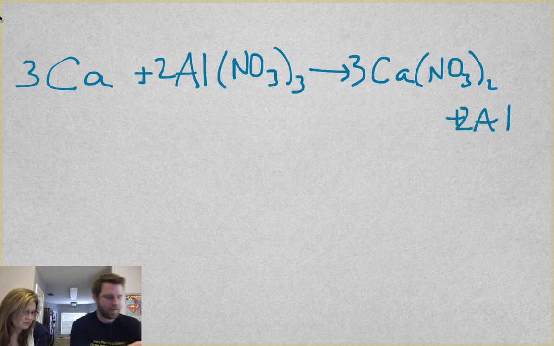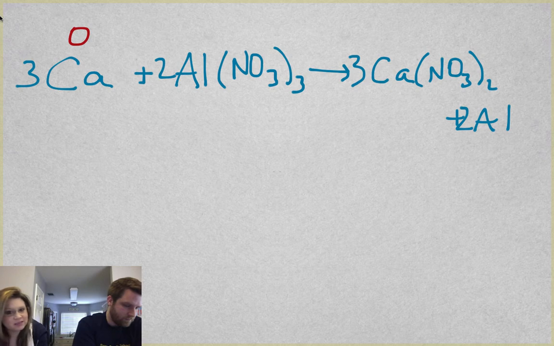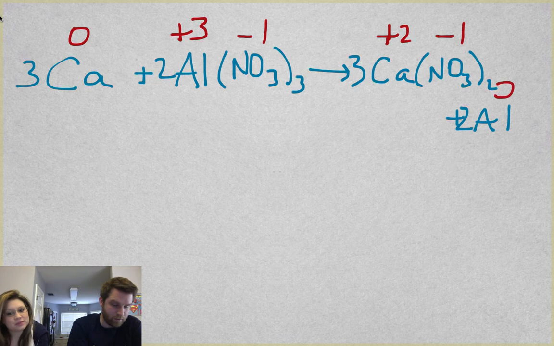Let's look at the oxidation numbers of everything here. Calcium is 0. Aluminum is plus 3. Nitrate is minus 1; if you forgot, check your chart. Calcium here would be plus 2. Nitrate's still minus 1, and aluminum is 0. So what was oxidized?